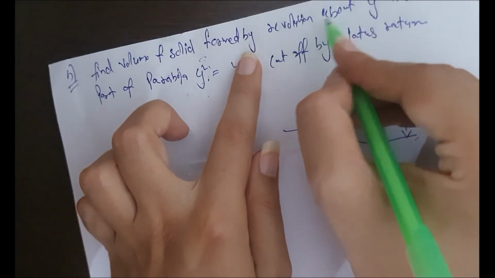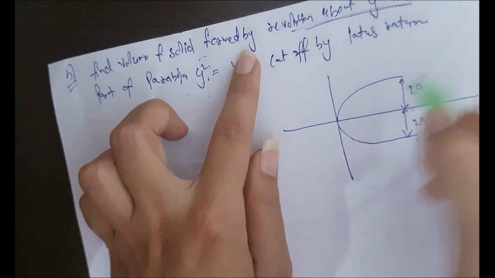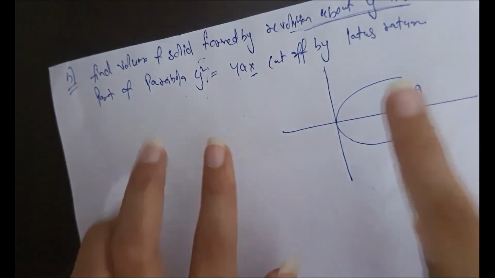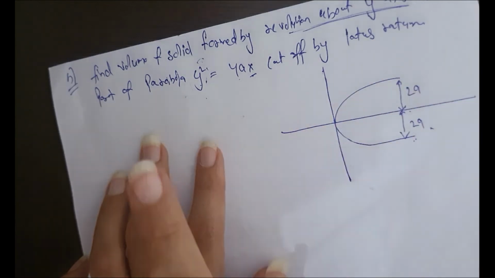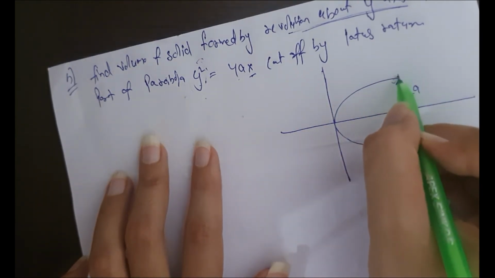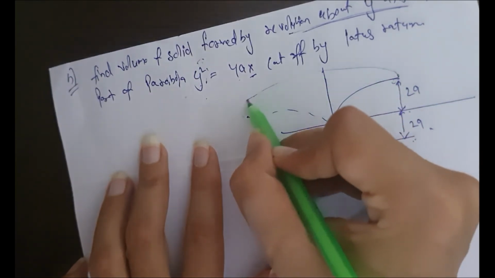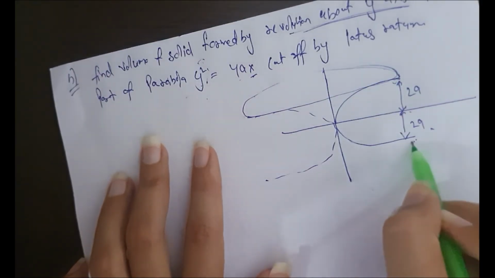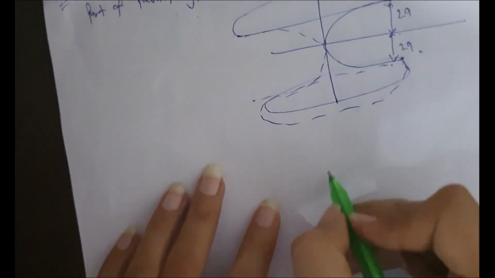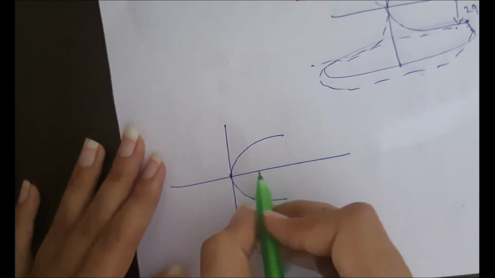Here we have to find the volume of revolution about the y-axis. About the y-axis, it means if this revolves, it will revolve like this, from here to here. Are you getting how it revolves? This is the parabola.